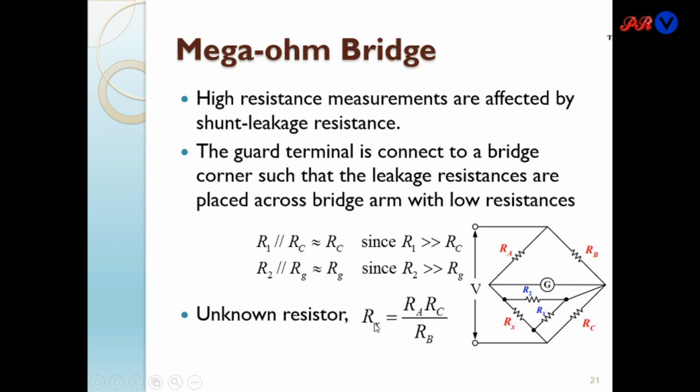The unknown resistance we can calculate as Ra Rc by Rb, which is the same as the Wheatstone bridge, but the difference is that we have these extra high resistances, and their use is to minimize the leakage current or leakage resistance. In this way we can calculate high resistance value from the mega ohm bridge.